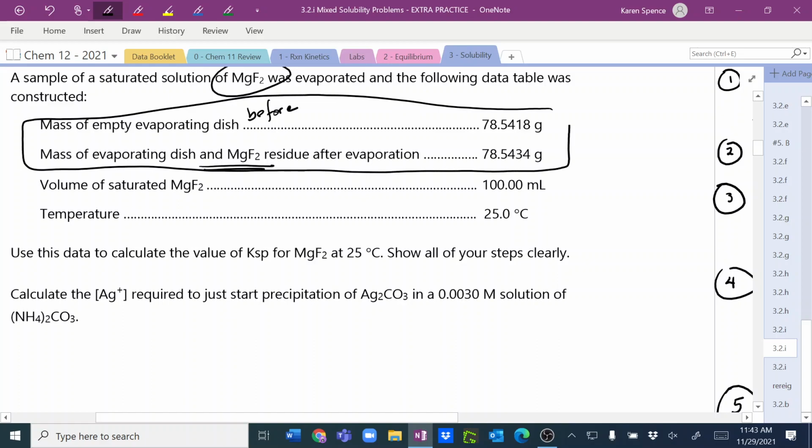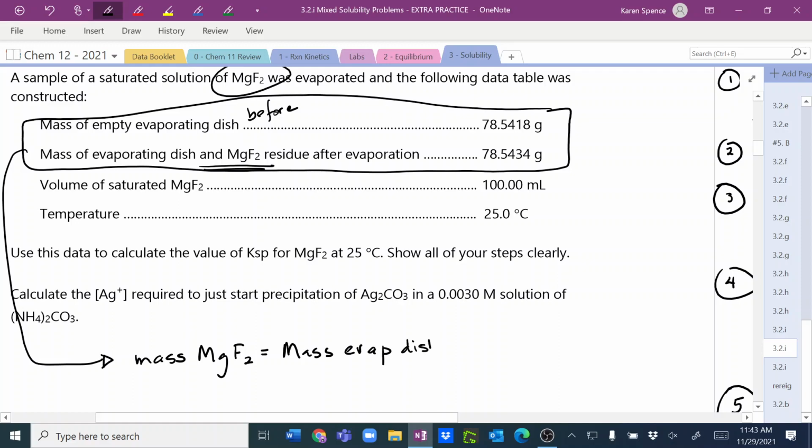You're going to have to calculate the mass of the MgF2. So for this one, mass of MgF2 is equal to mass of evaporating dish plus MgF2 minus the mass of the evaporating dish.